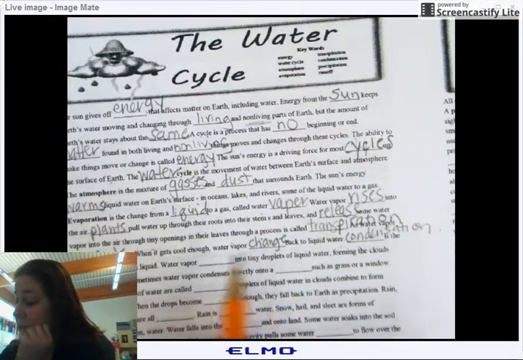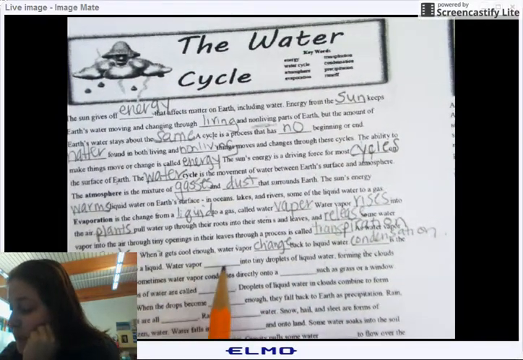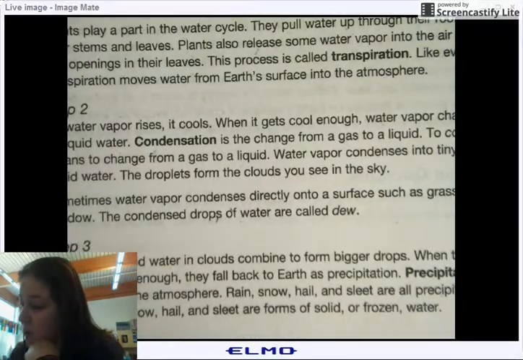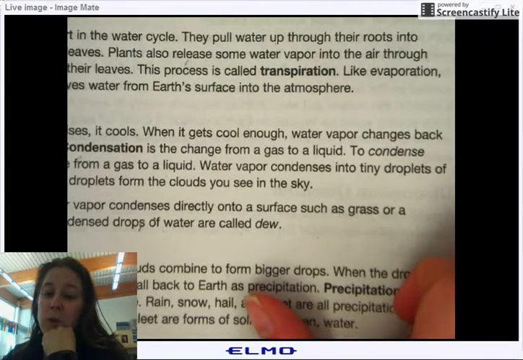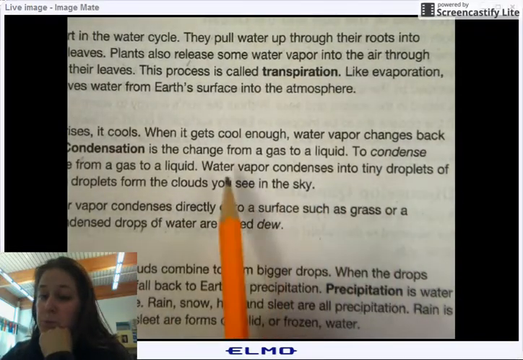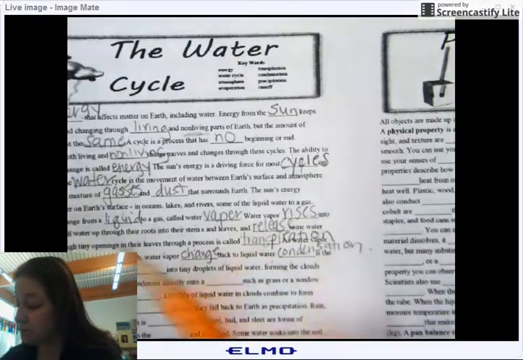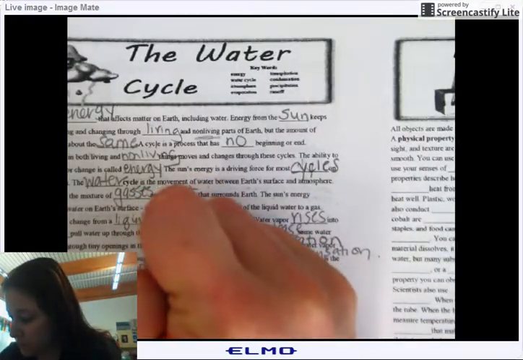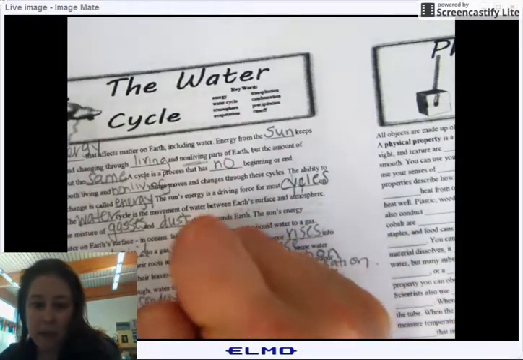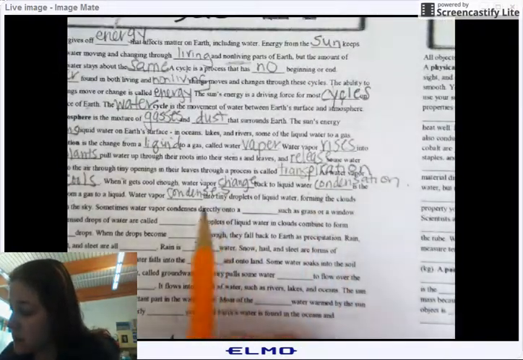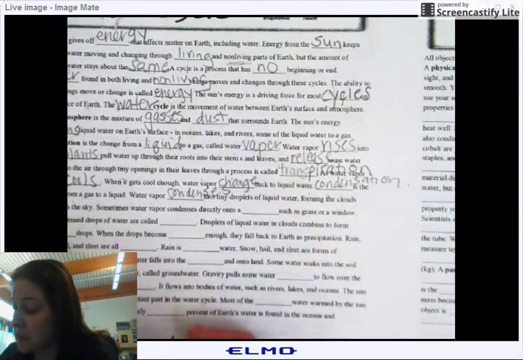Water vapor blank into tiny droplets of liquid water. So water vapor blank into tiny droplets. I see it. It's right here. Look for it. So you need to write condenses, C-O-N-D-E-N-S-E-S, condenses into tiny droplets of liquid water, forming the clouds you see in the sky.